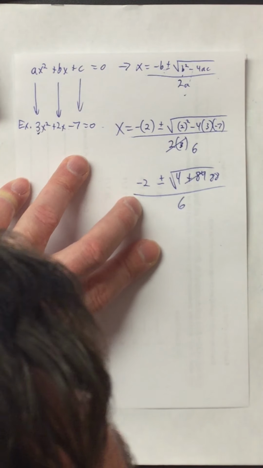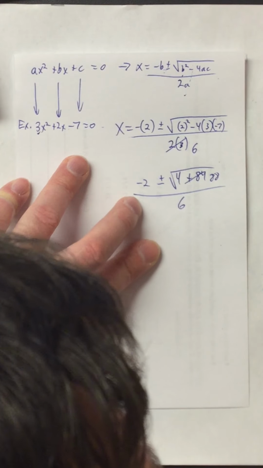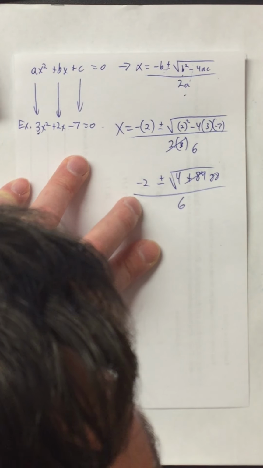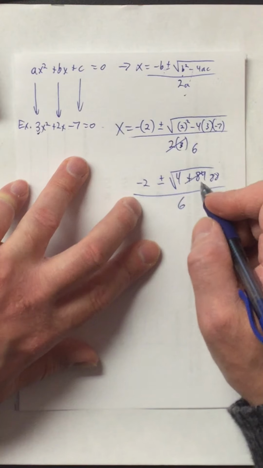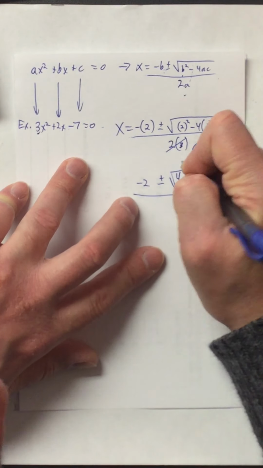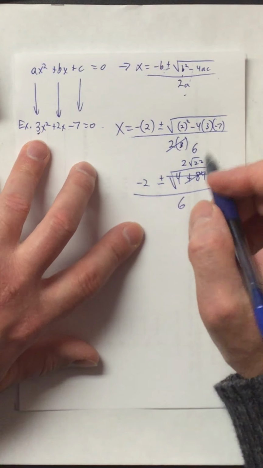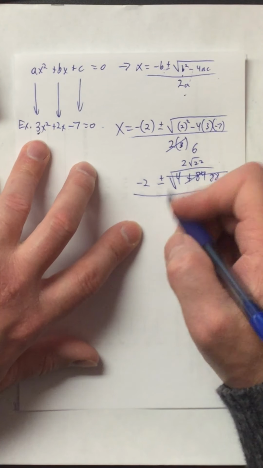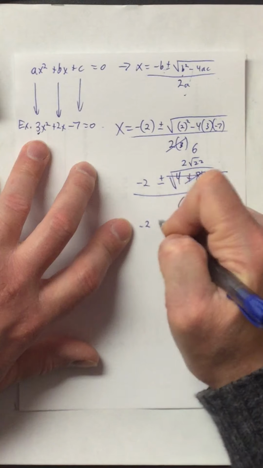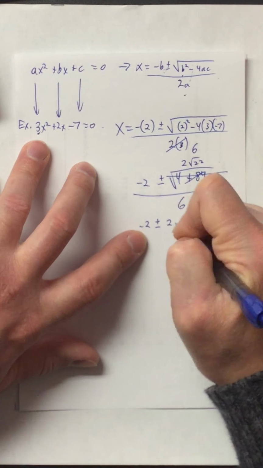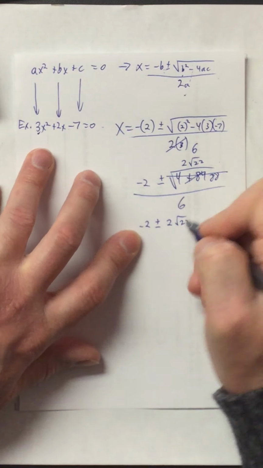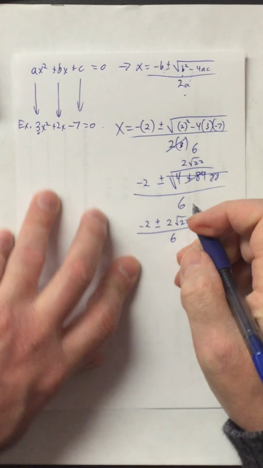Let's see if that's reducible. Square root of 88 reduces to 2 times the square root of 22. So, all right, I got negative 2 plus or minus 2 square root of 22 over top of 6.